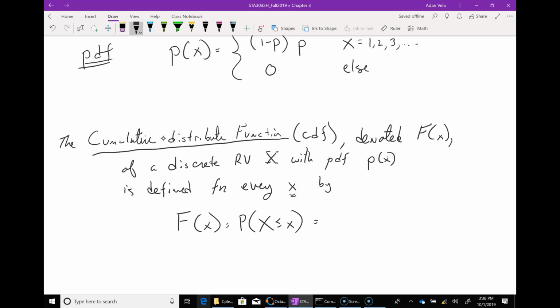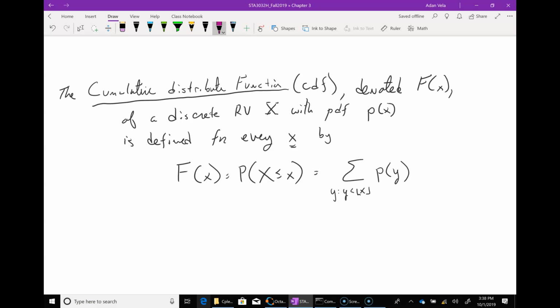We can write that using the summation, where we can say it's the sum over y, where y is less than or equal to x, and I'm going to use some funny notation. I'm going to be a little bit hyper-specific here. It's the sum of the probability of y. So this thing that I drew here, let's talk about what that is, because I think this is a little bit interesting. This is a round down function.